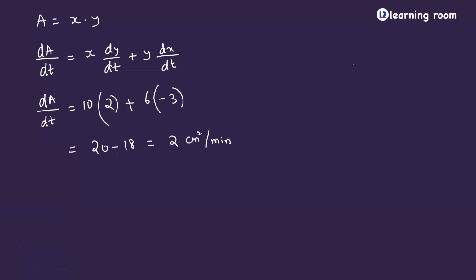So what is happening here? The area is increasing at the rate of 2 centimeters square per minute, whereas the perimeter is decreasing. I hope you got an idea of this. Make a note of this.